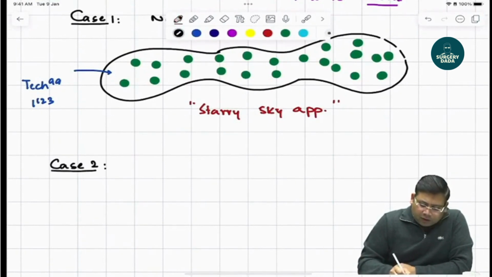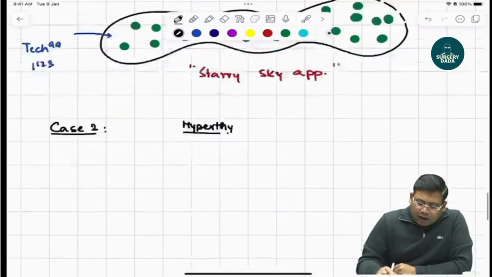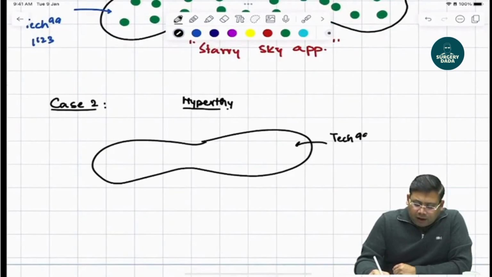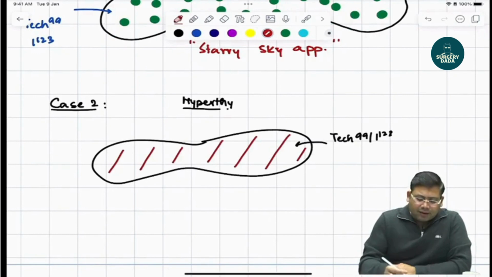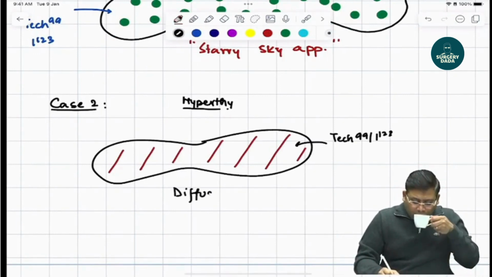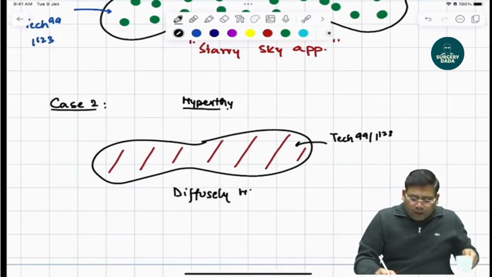When we talk about case 2, let us understand a patient with hyperthyroidism, and in this patient there are no nodules and you gave technetium 99 or maybe iodine 123, and what did you get on the scan? You got something like this. Can you see the entire gland is hot, and this is what is known as a diffusely hot gland.